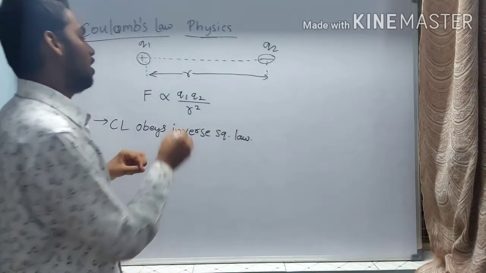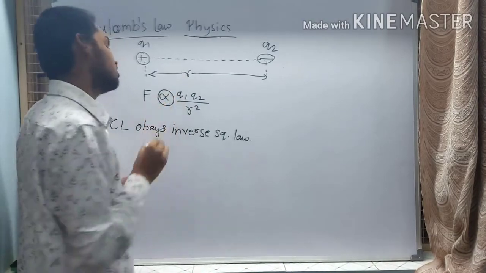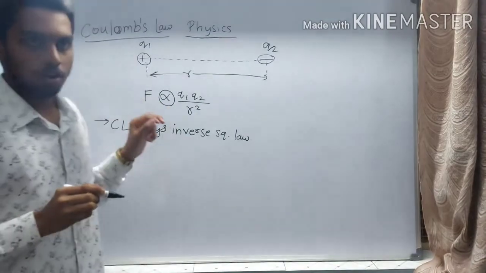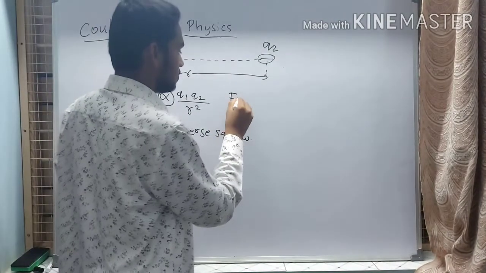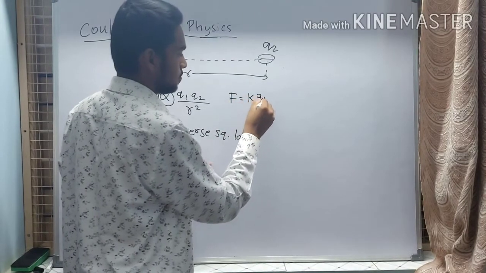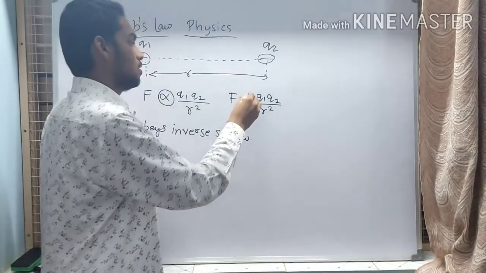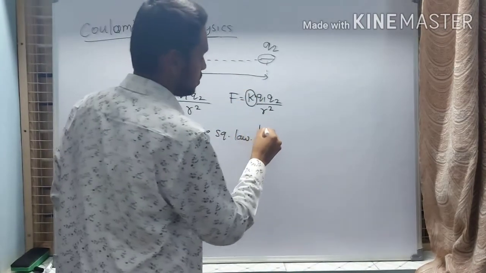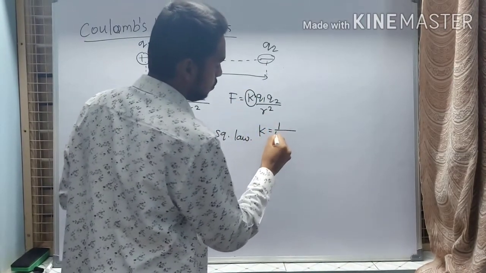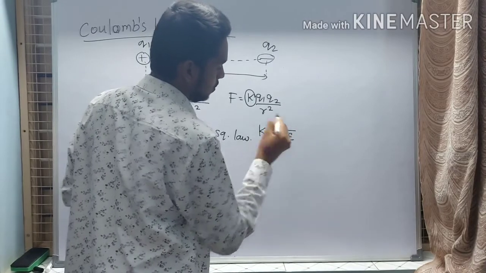So here, I can replace this proportional symbol by the proportionality constant K. The value of this proportionality constant is going to be 1 upon 4 pi epsilon.